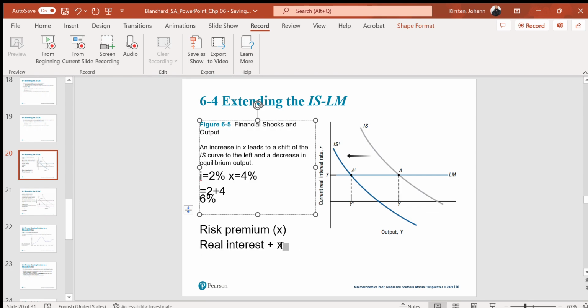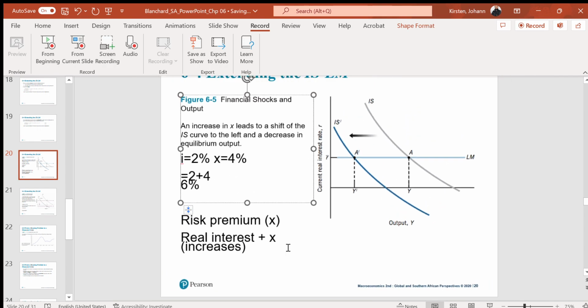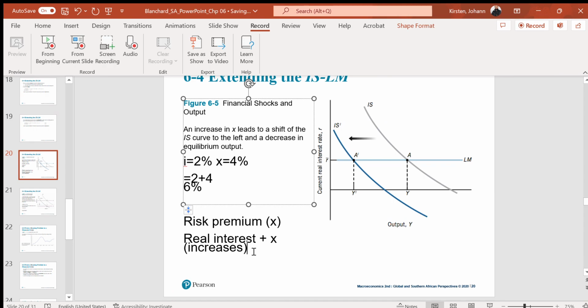If this risk premium goes up, then this whole equation increases, and that will lead to a lower demand for loans and investments, because now it's more expensive to take out loans and investments. That leads to a shift of the IS curve to the left-hand side, which will lower the output level.